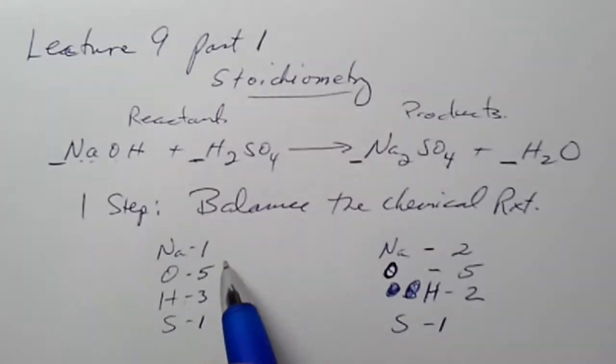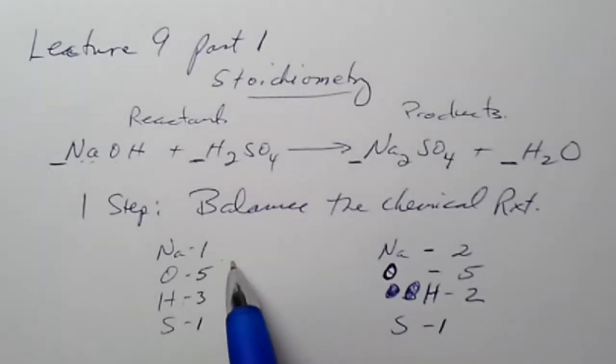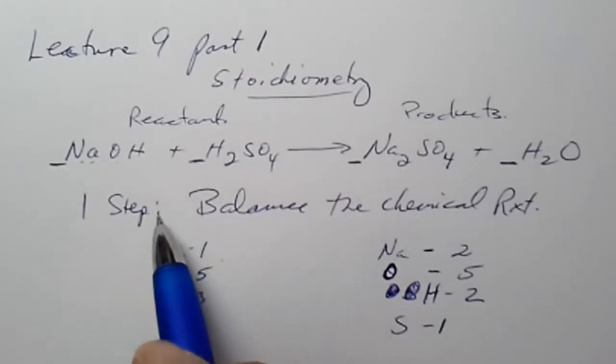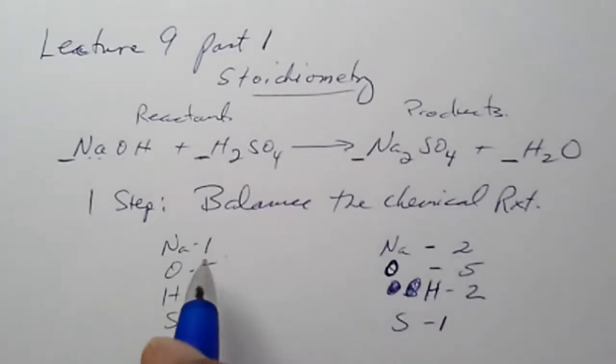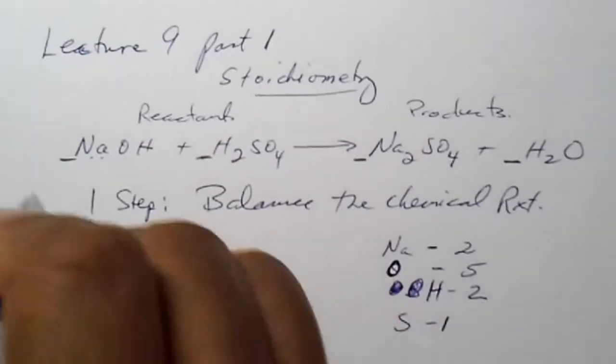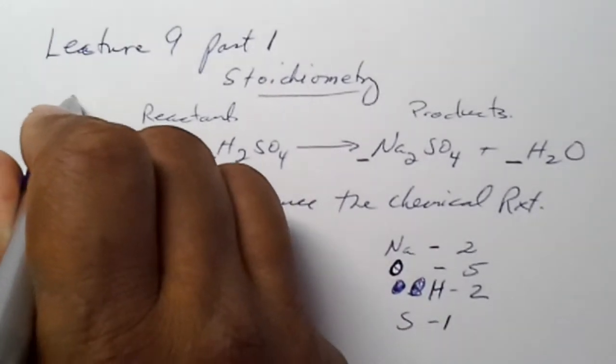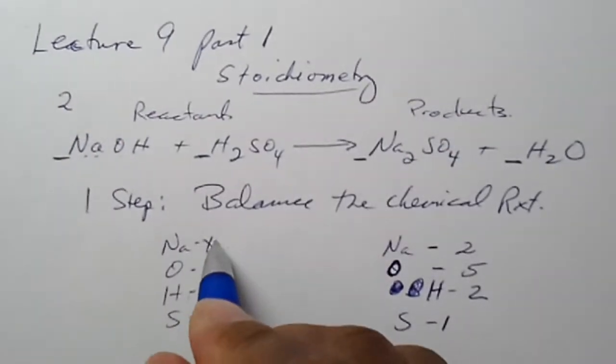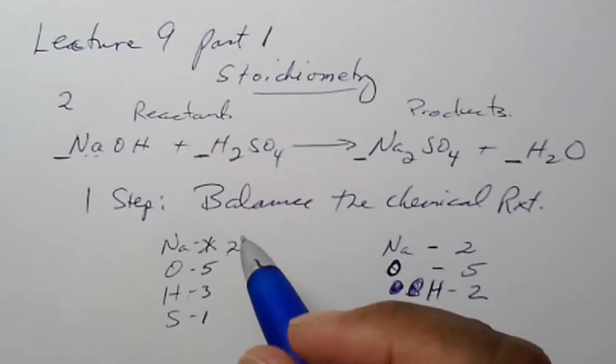So if we start at the top, and I recommend you start with elements other than hydrogen and oxygen. Sodium, we have 1 on one side and 2 on the other, so we're going to need 2 sodiums on this side. And we'll put a 2 right above sodium. So now we have 2 sodiums.